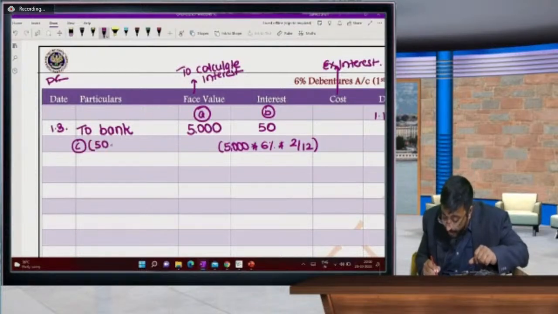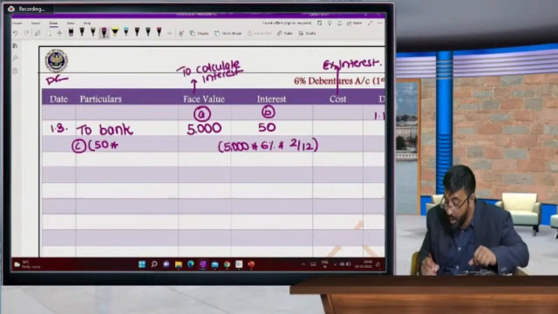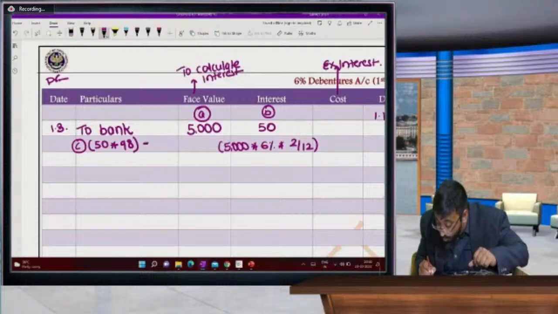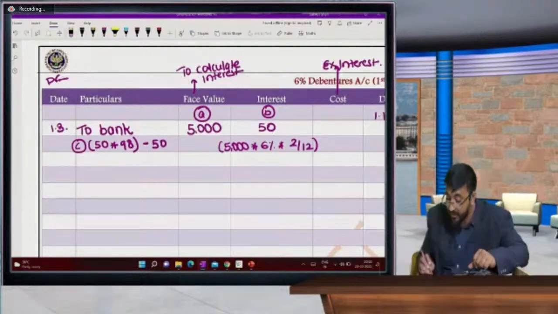How many debentures? 50. At what price have you purchased it? 98. But this is cum interest. Therefore, we are going to reduce this 50. If it is ex-interest, then we are not going to reduce the 50.